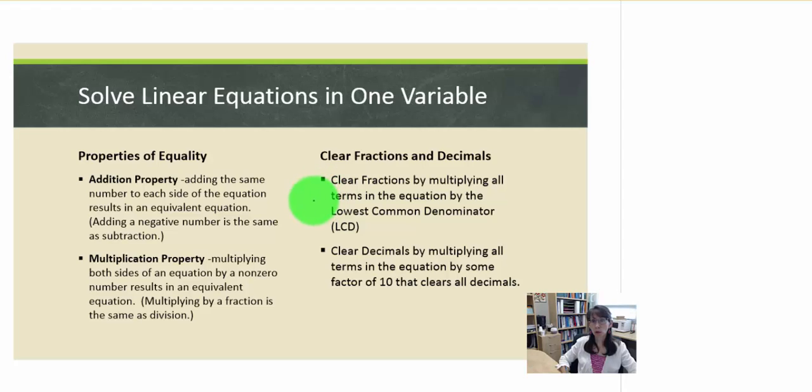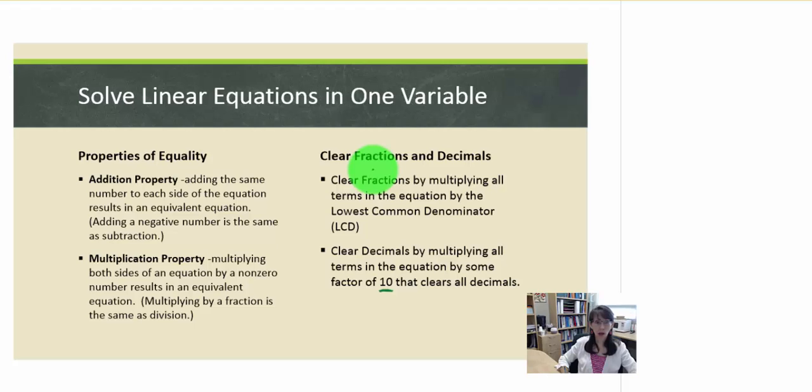Some of the equations we're working with today will either have fractions or decimals. Decimals are pretty easy to work with, especially if you're using your calculator, so we don't worry about them so much. But if you want to eliminate decimals, you can find some factor of 10 to multiply every term by, and then your decimals will be eliminated.